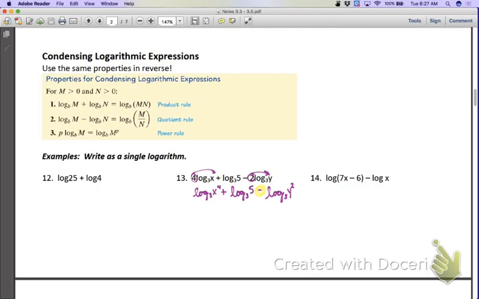If I have 3 terms, either all 3 are going to go on the top, or at least one of them is going to have to go on the bottom unless they're all negative. But the 2 here are both positive, so I'm going to have log base 3. What am I going to do with the x to the 4th and the 5? It's just going to be 5x to the 4th, and then I'm going to have y squared on the bottom side.